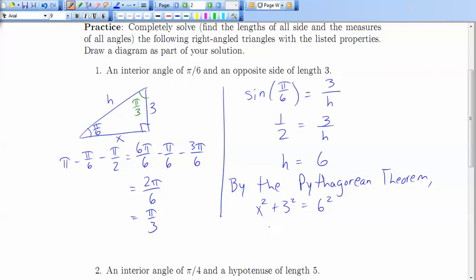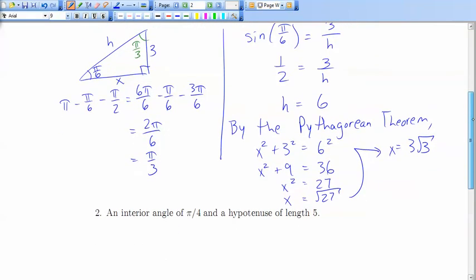So we have x squared plus 9 is equal to 36. x squared is equal to 27. And that means that x is equal to the square root of 27. And if we want to put that in lowest terms, we could write that as x being equal to 3 root 3. Okay, so we can use our trig ratios, since SOHCAHTOA is valid for any right angle triangle, together with the Pythagorean theorem to find both angles and side lengths.